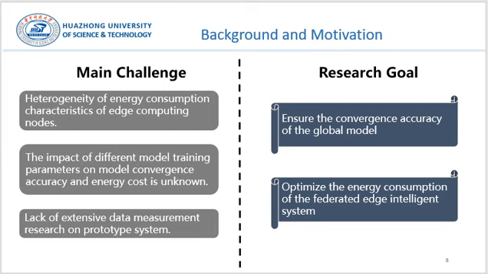We have the following challenges. First, heterogeneity of energy consumption characteristics of edge computing nodes. Second, the impact of different model training parameters on model accuracy and energy consumption is unknown. And in the end, there is still a lack of extensive data measurement research on prototype systems.